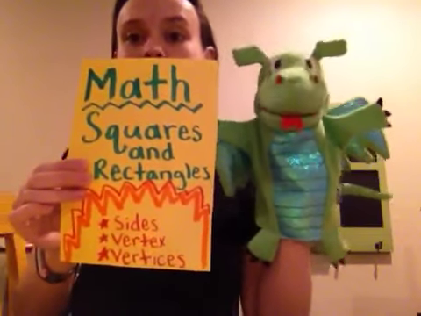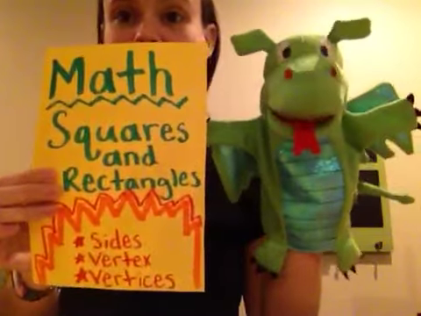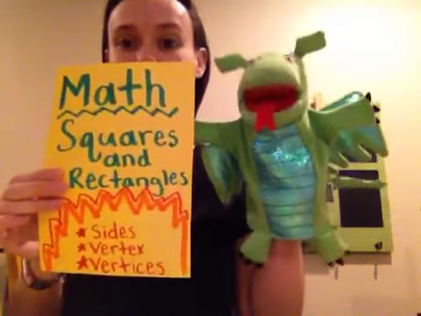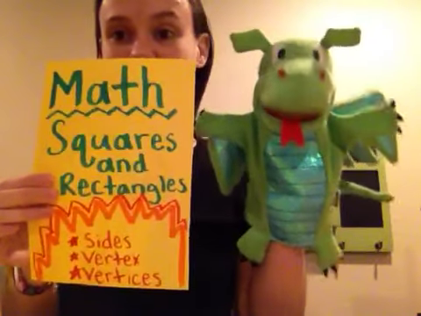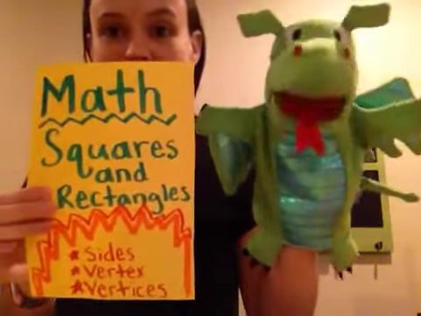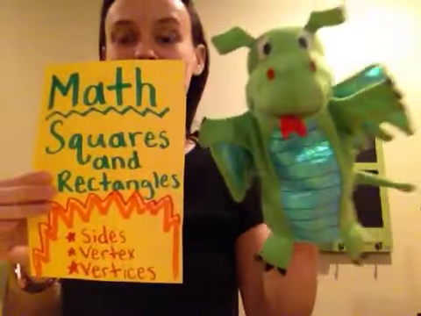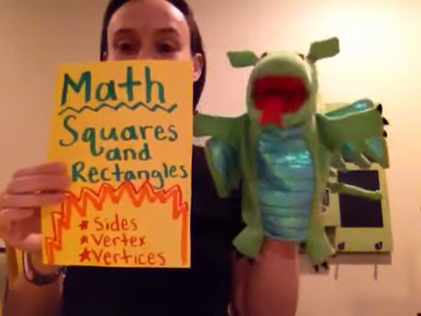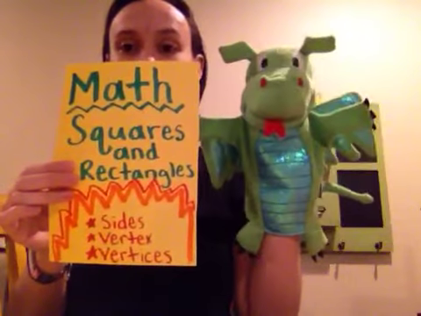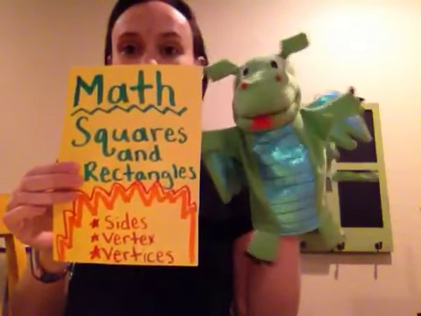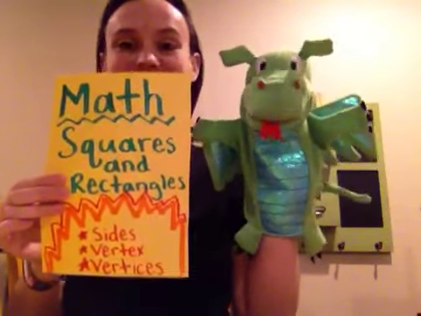That point. So how many vertices on a square? How many vertices on a rectangle? Did you say 4? Good job. How many sides on a square and a rectangle? 4. Good job. Very nice.